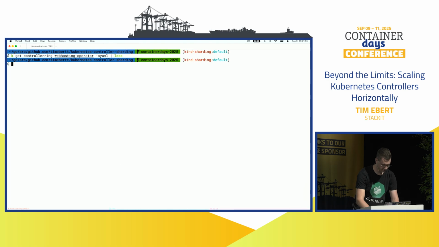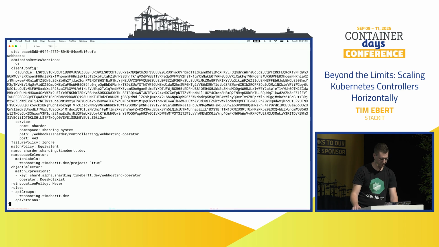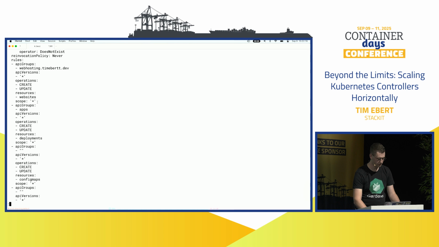And for all of these resources, the mutating webhook is configured so that when a new object is created that is not assigned to any shard yet, the API server calls the sharder for this specific controller ring and adds a shard label if it is not present yet. And this happens for websites, deployments, and so on.